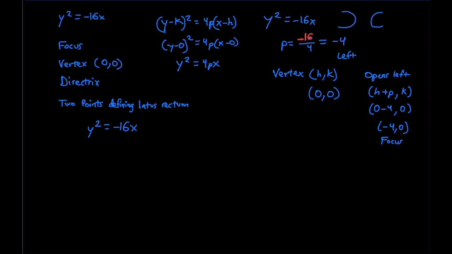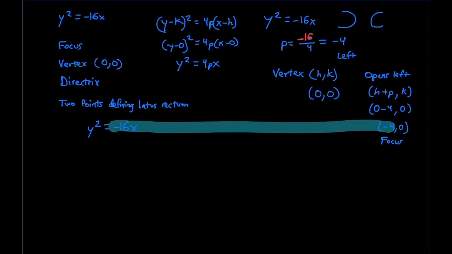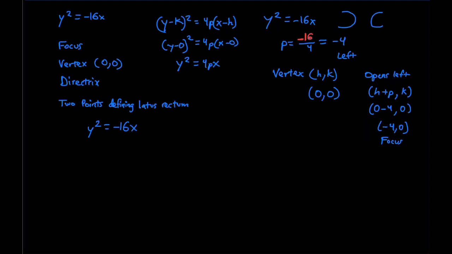The easy way to remember which one you have to take from the focus is based on which one is the first power. So which one's on this side of the equation, that's one way to think about it, or which one's the first power. Here, the x is the first power term. So the x being the first power term means that you take only the x coordinate from the focus and you plug it in here.